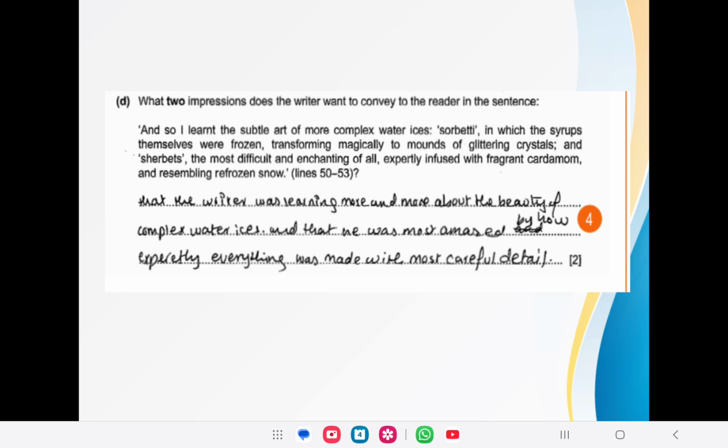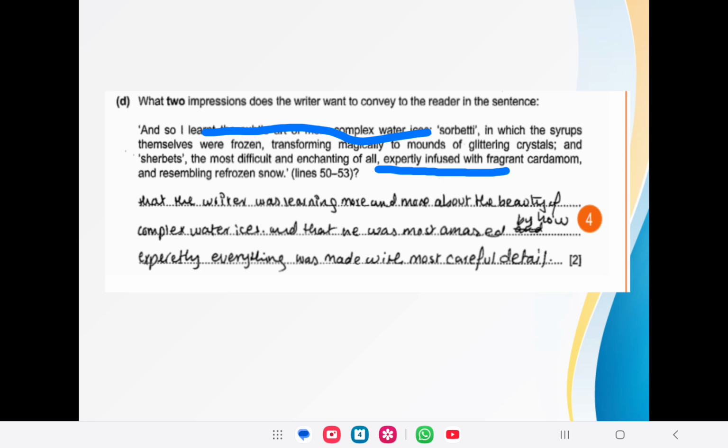So "I learned the subtle art of more complex water ices": one impression he's trying to give us is that he has learned some kind of skill where he can make more complex or different kinds of ices, one of which is sorbets. Then the second thing is "the most difficult and enchanting of all, expertly infused with fragrant cardamom."